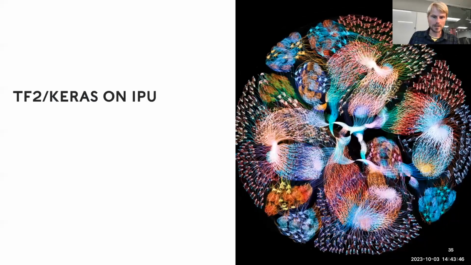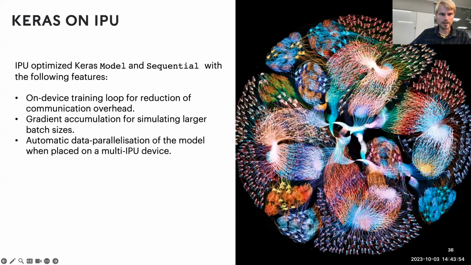So, getting back to the agenda, Keras and TensorFlow 2 can be used on IPUs, and Keras probably is the most popular API in the TensorFlow world. We have a couple of classes in Keras: Model and Sequential, optimized for IPU.